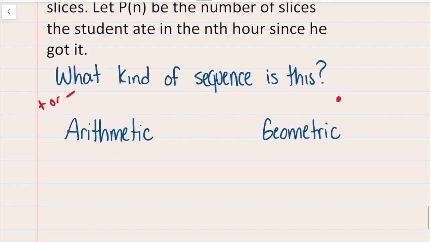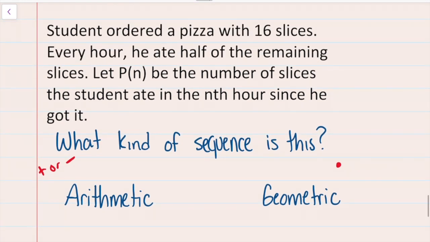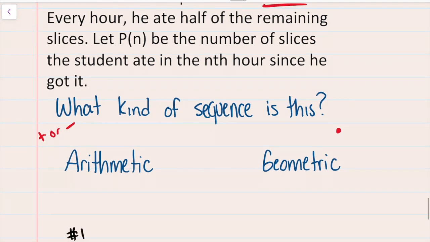If we were to write our first term, well, how many pizza slices did we start with? We started with 16 slices, so I'm going to write 16 as our first term. Now, what's happening in our second term? How many are we eating? This student is eating half of the slices every hour.